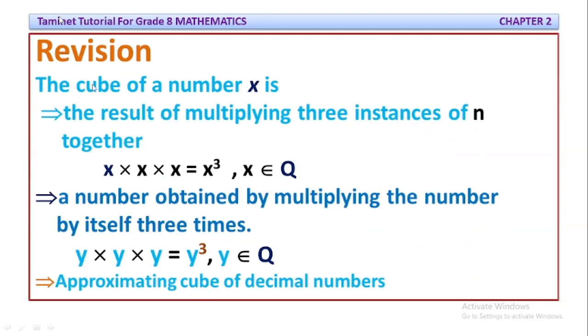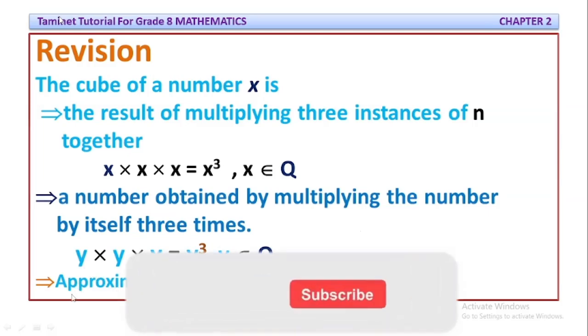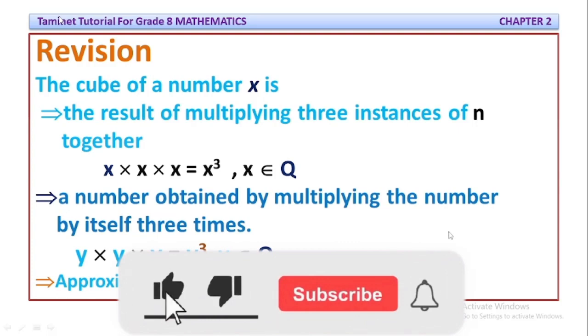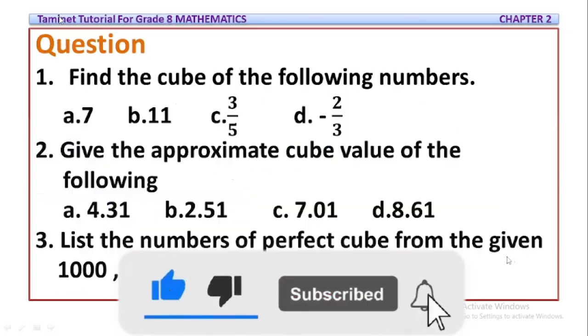Revision. In this lesson we discussed the cube of a given value x: the result of multiplying x by itself 3 times, x times x times x, x cubed, from the set of rational numbers. A number obtained by multiplying the number by itself 3 times is a cube of a number, or cubing a number. And we can also approximate the cube of given decimal numbers.